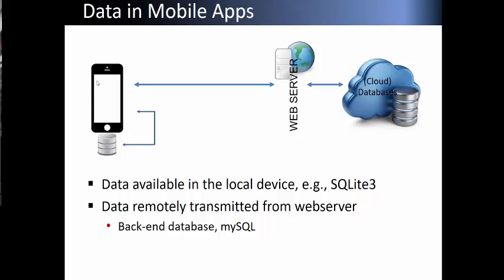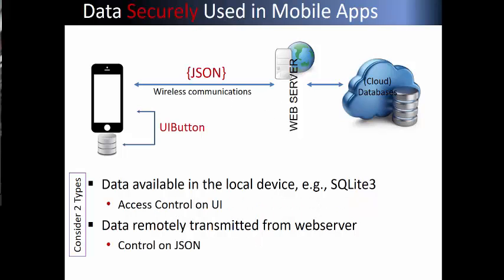The database embedded in the mobile device is called SQLite, frequently used because it is free, and the database on the cloud systems is MySQL. So a lot of data needs to be transmitted between your mobile apps and the cloud systems, the database.